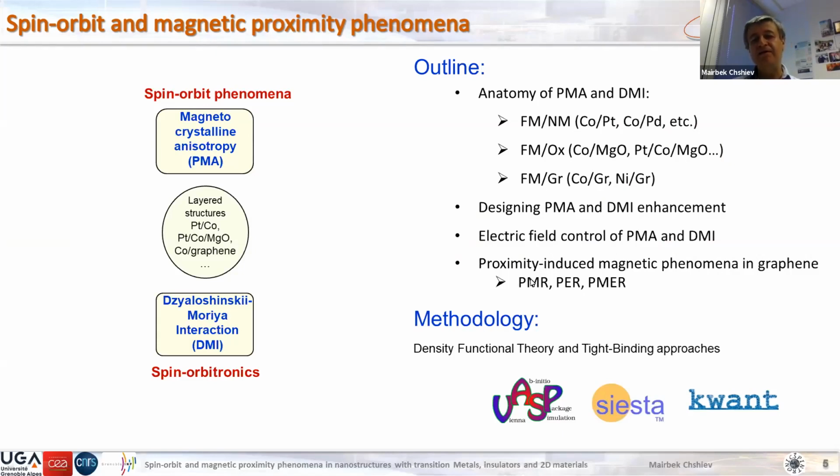And then, if I have time, I hope I will, a whole new family of transport phenomena, called proximity magnetoresistance, proximity electroresistance, and proximity multiferroic resistance, which are emerging also. Everything I will show you today, we use DFT combined with tight binding approaches, and this is the code we are using. Xavier Waintal, one of its developers, is also here in a neighbor lab, and we collaborate.